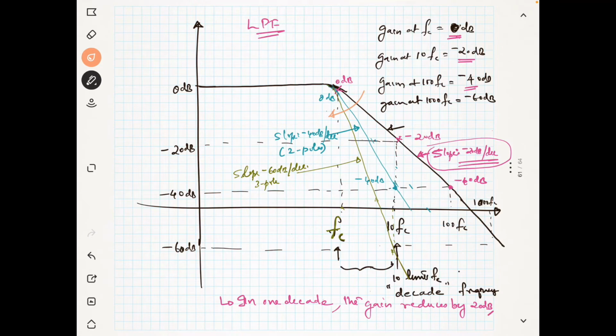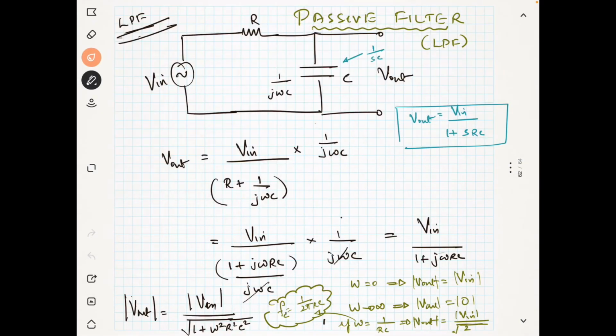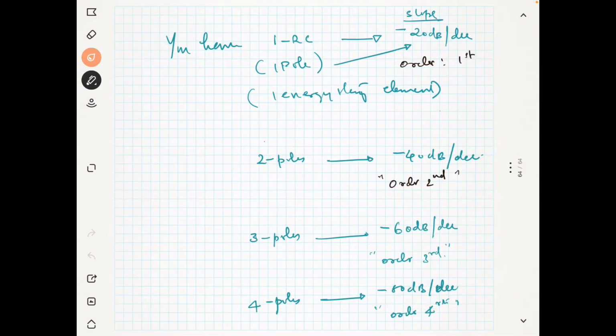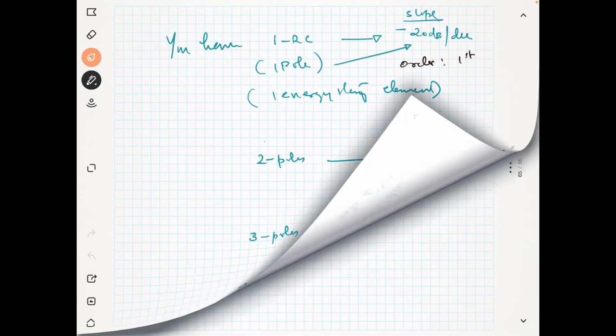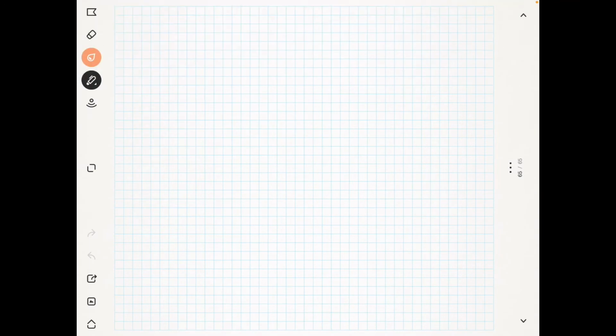So this is about the low pass filter, and this filter is a passive filter. But in this course we are talking about op-amp, so we will talk about the filter with an amplifier also. That means we will be having an amplifier circuit, and an amplifier is an active device. So we will talk about the active filters in this course.